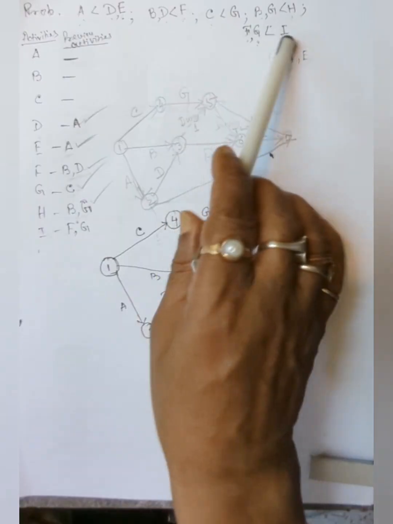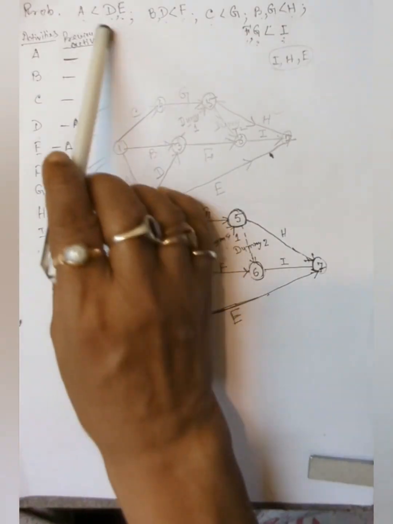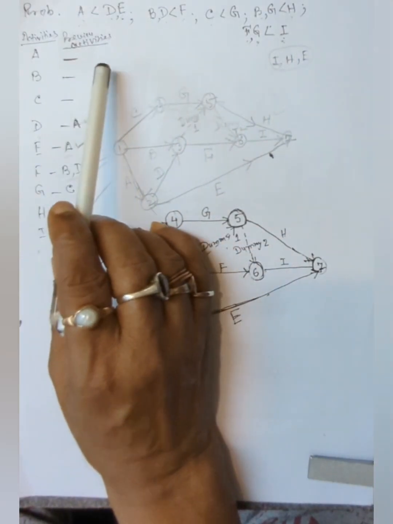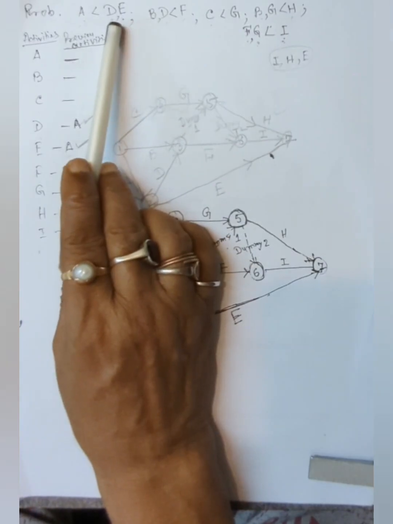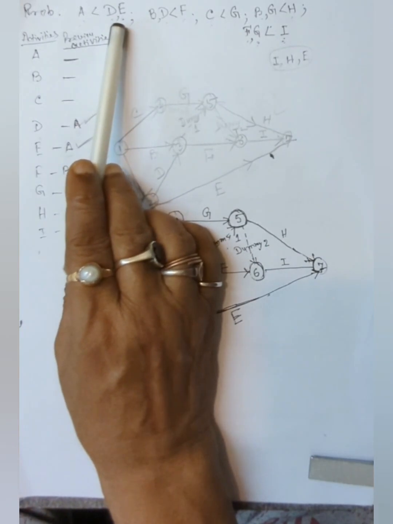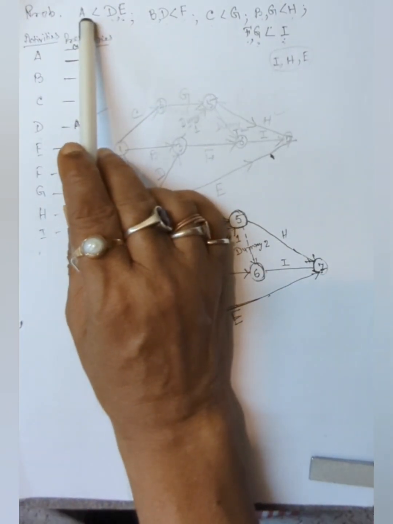What are the activities? A to I: A, B, C, D, E, F, G, H, I. Now check from the given relationship the previous activities. On the left side here is A, and if there is any activity here, that is to be mentioned at the appropriate place. But A is the beginning activity.